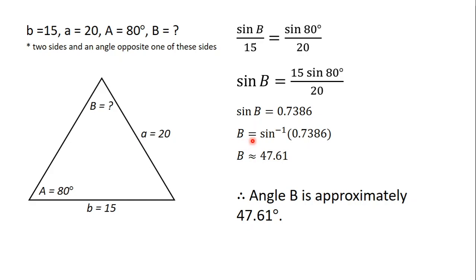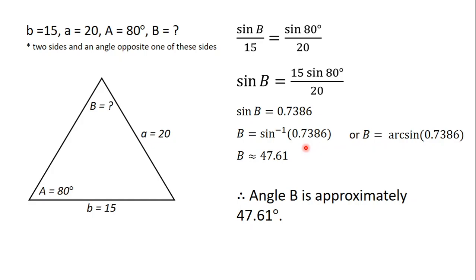So B is equal to arc sine 0.7386. You can write arc sine like this, sine raised to negative 1, or you can write the whole word. B is equal to arc sine 0.7386.